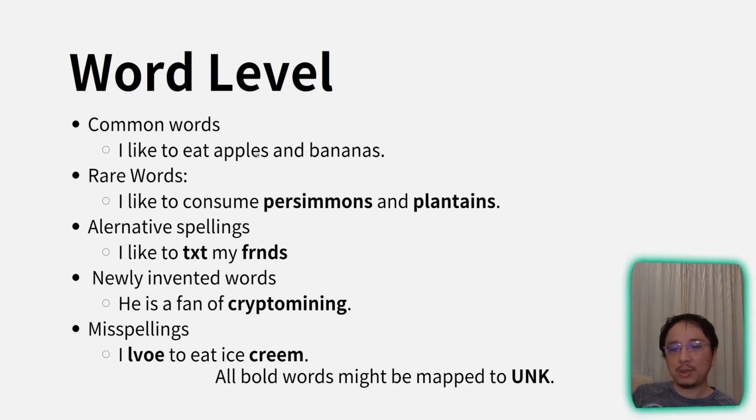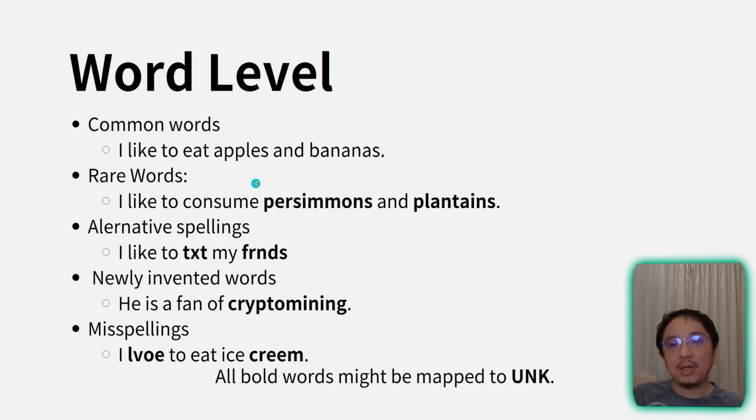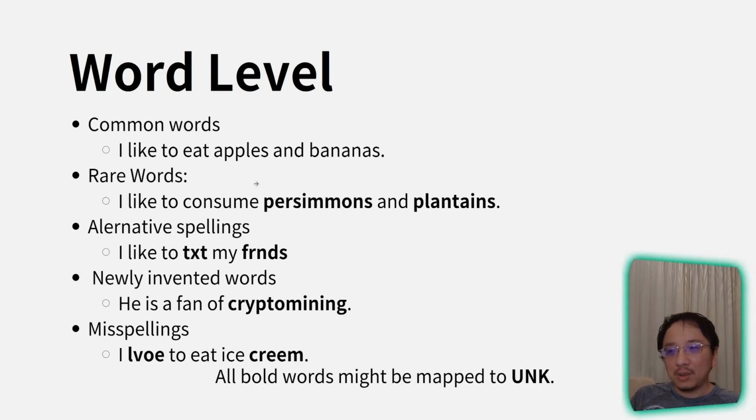Either way seems to be a reasonable approach, and we don't need to worry about this too much because we have bigger issues. Because our dictionary can contain only a finite number of words, there's a limitation. So a common method is to sort the words by their frequency.